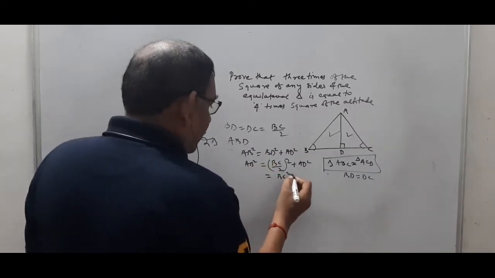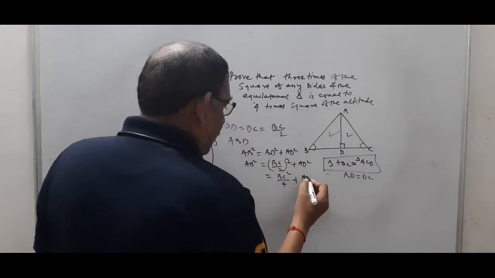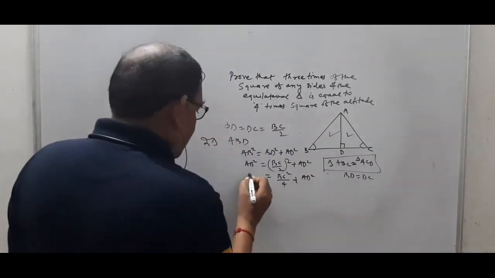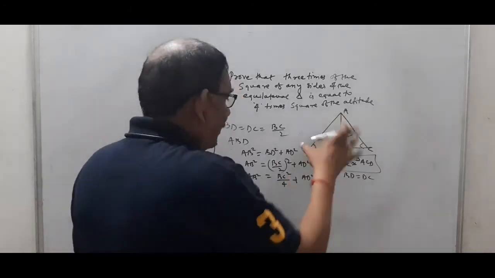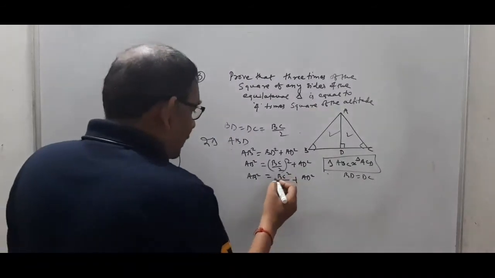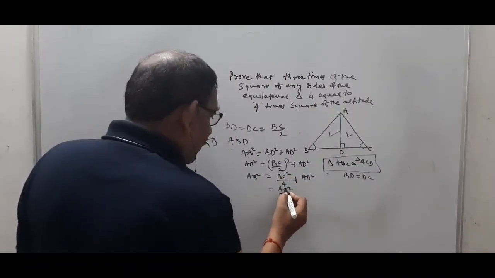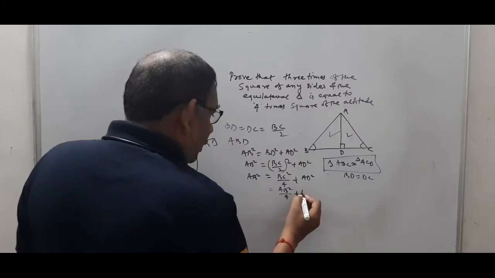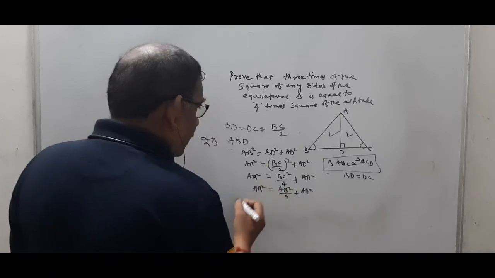It is your BC square by 4 plus AD square. It is your AB square. As AB equal to BC equal to AC, now replace the side BC in terms of AB. It is your AB square by 4 plus AD square equals AB square.